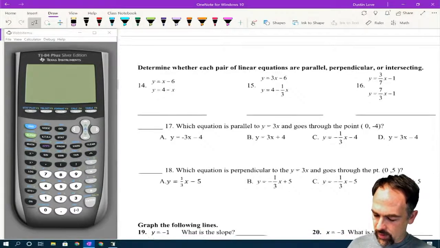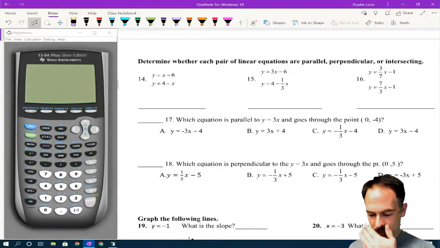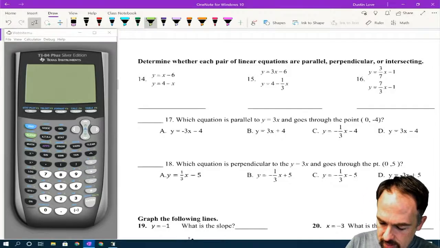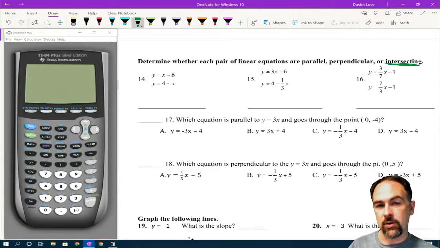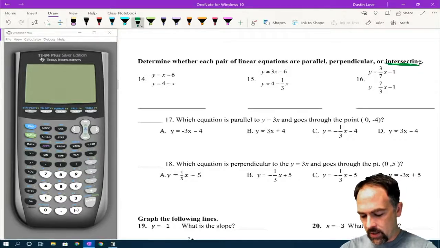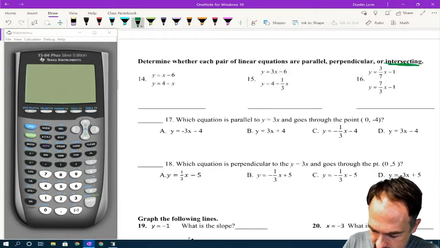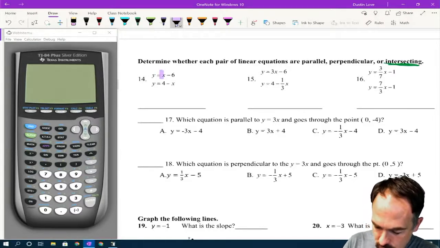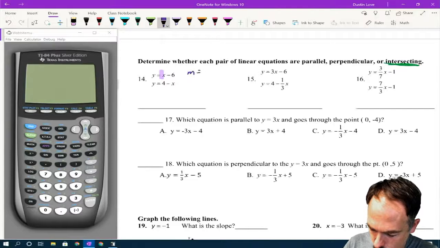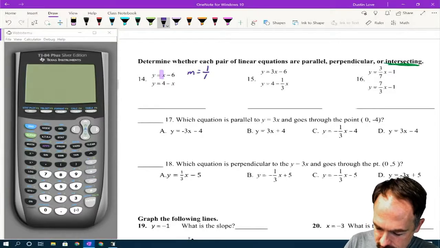Okay, 14. Determine whether each pair of linear equations are parallel, perpendicular, or intersecting. And once again, let's remember that intersecting means that they intersect, but not at perpendicular angles, not at a right angle. So as I look at my two slopes, here I've got nothing written there, which means that my slope is 1, and I want to make those a fraction.